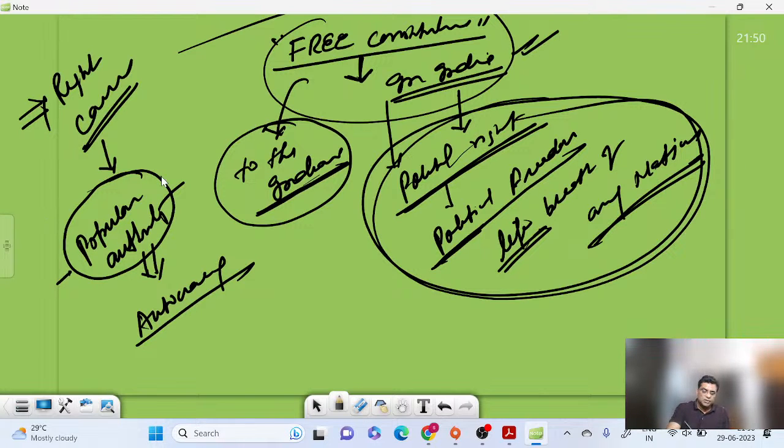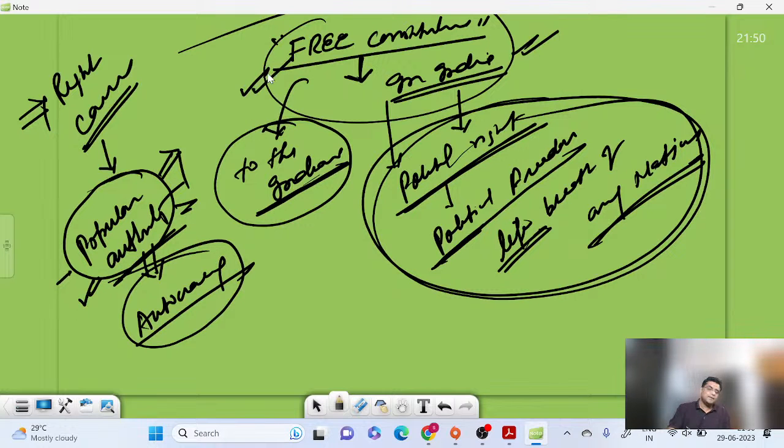Popular authority means authority constituted by the people, for the people, and that is how autocracy would be challenged. Through this popular authority, Indians would have a free constitution. Free constitution is very important in the life and thought of Aurobindo Ghosh.